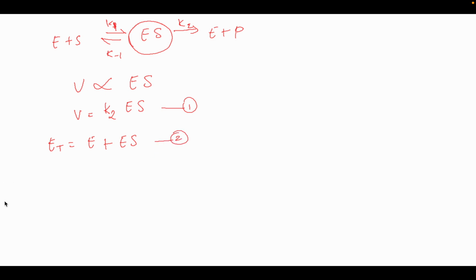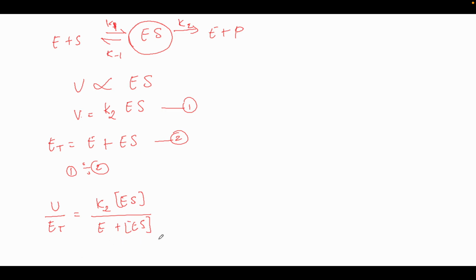If we divide equation 1 by equation 2, we get V upon ET equals K2 [ES] upon [E] plus [ES], right?